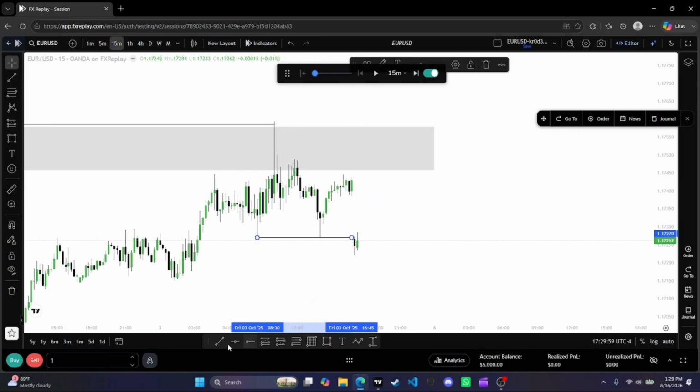So it has broken. We'll wait for this gap to be filled and take our entry around this area.